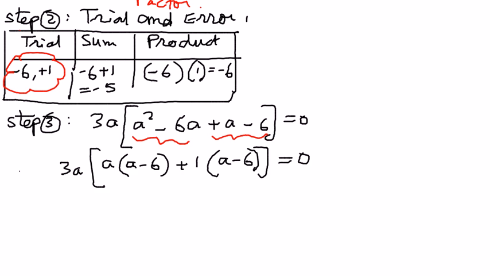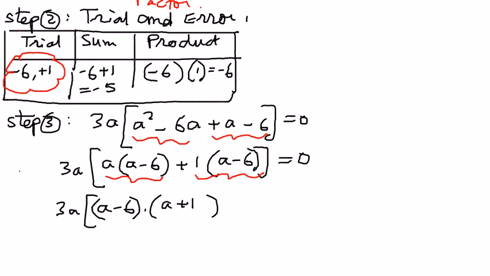Now again, between this term and this term, we see that a minus 6 is common. If I pull out a minus 6, what is left inside the second set of parentheses is a plus 1. Therefore, that is going to be equal to 0.